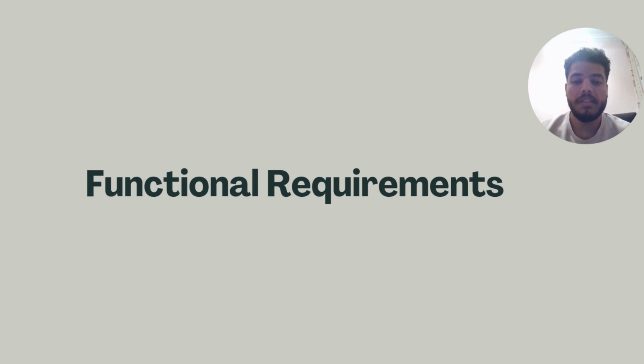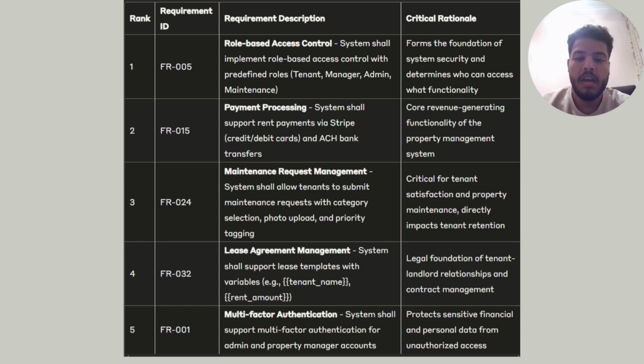Now I will explain functional requirements. This table lists the top five functional needs for a property system. Number one, role access: FR005 sets roles like tenant, manager, admin for security. Number two, payment: FR0145 lets tenants pay rent online.